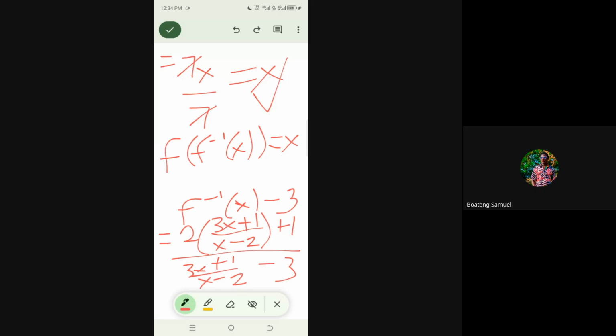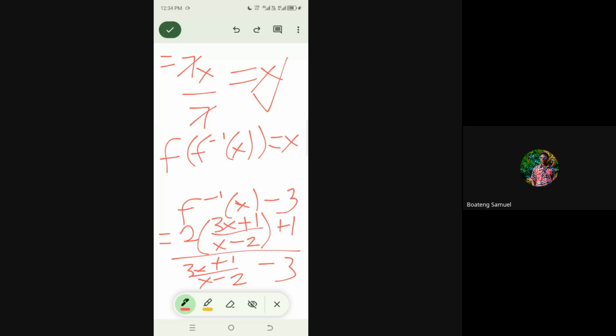In an exam, you can be asked that f of x is a particular function, and g of x is the inverse of that function. Prove that what you have is true. This is what you use: f of f inverse of x. When you do your proof well and get x, it implies that the function and the inverse are correct.